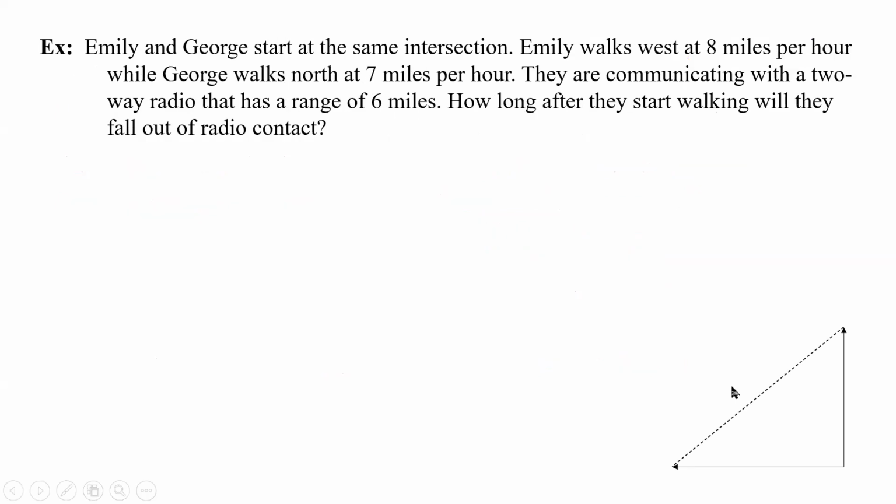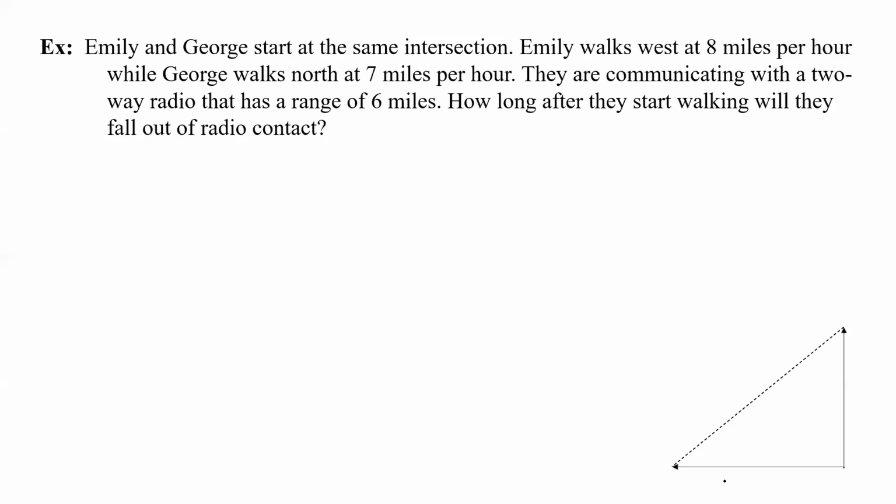All right, so here Emily and George start at the same intersection. Emily walks west at 8 miles per hour and George walks north at 7 miles per hour. They're communicating with a two-way radio that has a range of 6 miles. How long after they start walking will they fall out of radio contact? All right, so again I drew this so we could have a nice triangle looking thing. If we start at this point here and we go left, that's west.